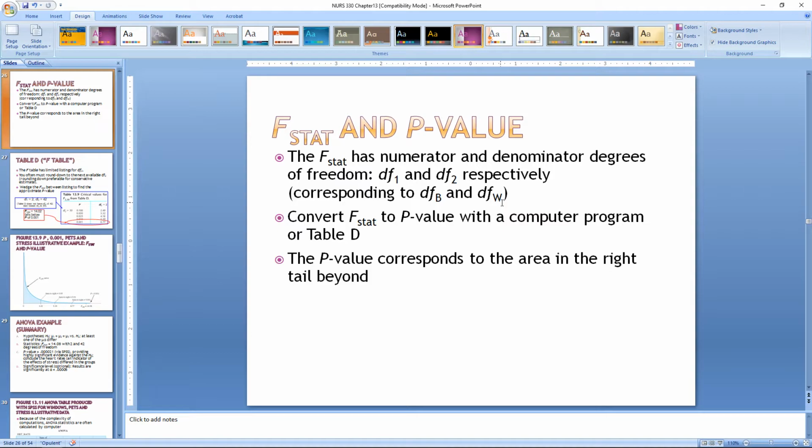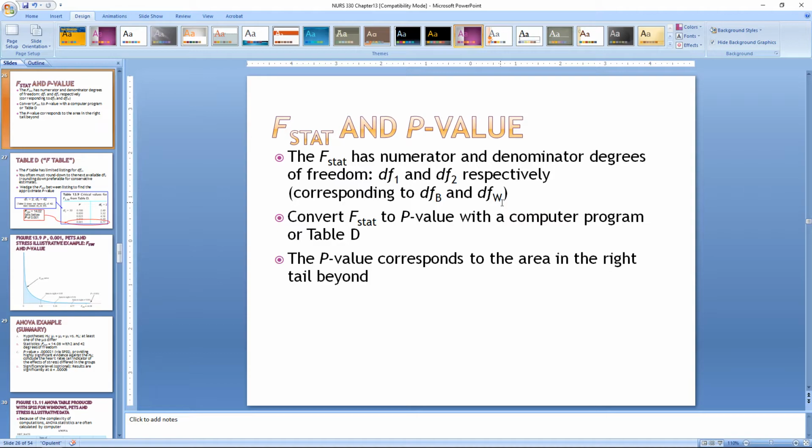If we go to our new table in the back of the book, after table C, when we were doing our t-test, we have a new table, also sideways, and it's table D, and it's entries for F values with a right tail probability. The way this table is set up is you have degrees of freedom in the numerator, or df1, across the top, and on the side you have degrees of freedom in the denominator.